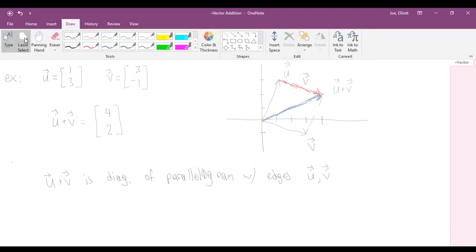So more precisely, if you attach the tail of v to the head of u, then u plus v will be the vector connecting from the tail of u to the head of v, okay?